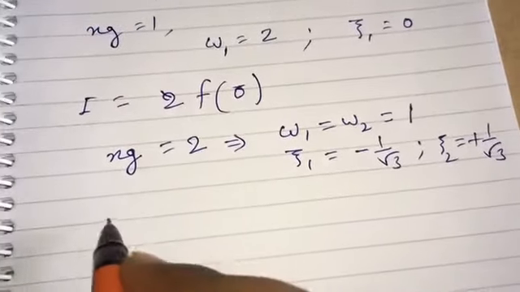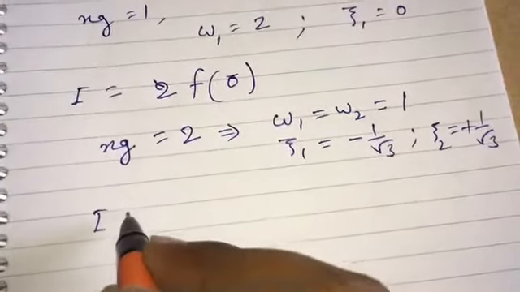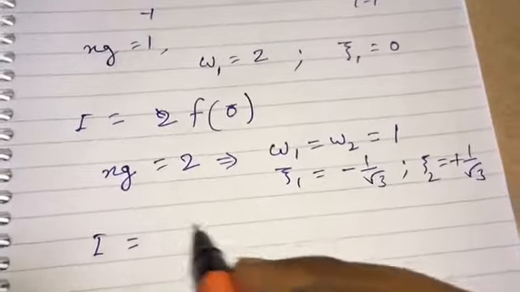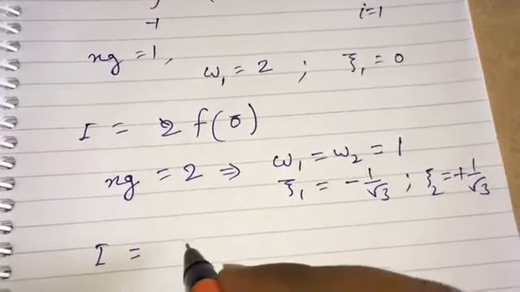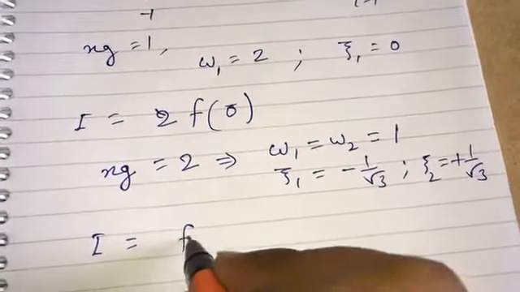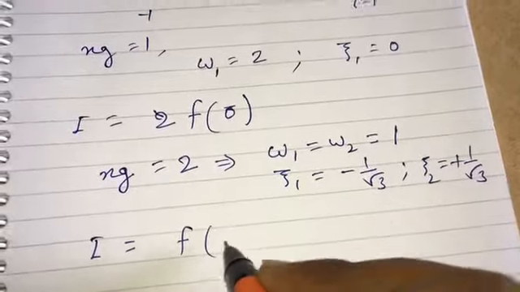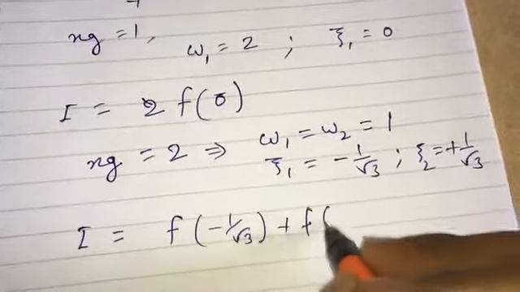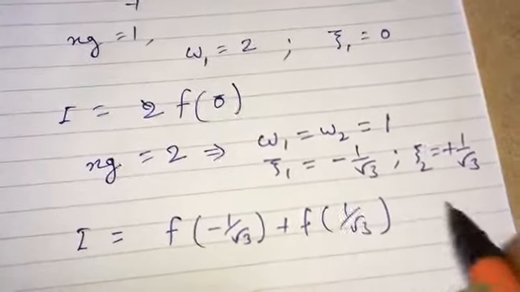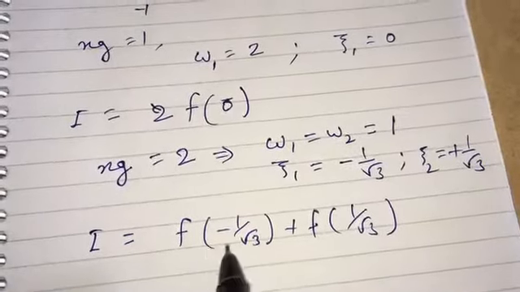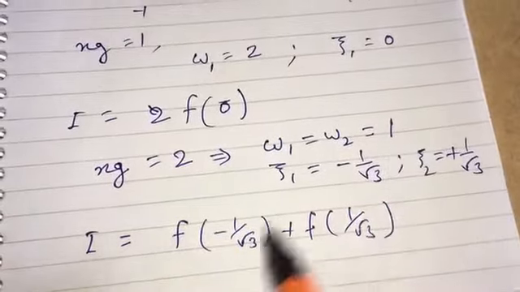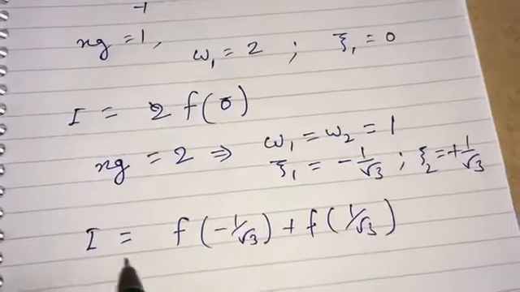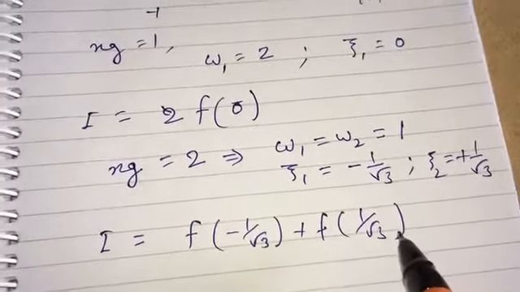So that means I becomes equal to f of minus 1 over root 3 plus f of 1 over root 3, and since w1 and w2 are equal to 1, I am not writing them here. So I simply write it like this.